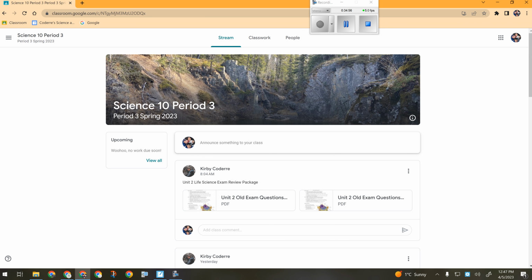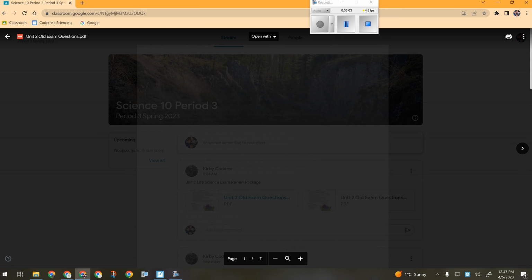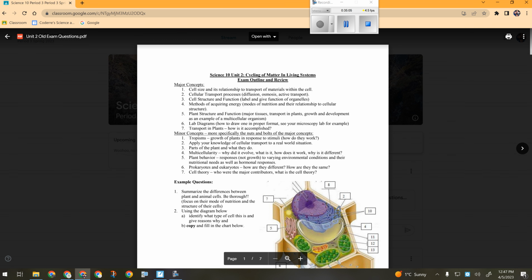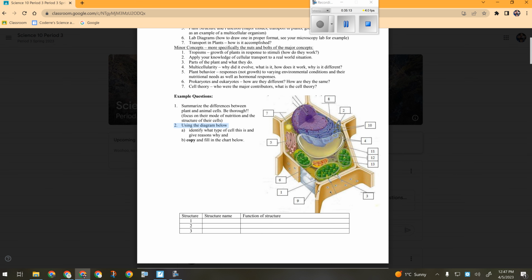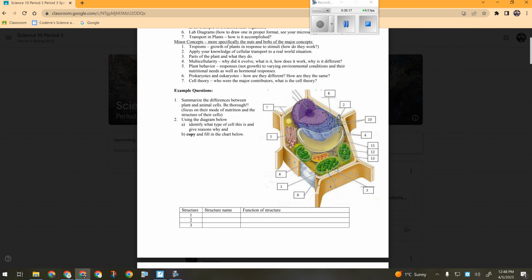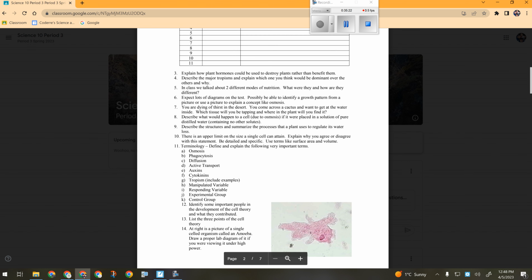It says old exam questions, and the other one is the key. If you open that up, it's not just old exam questions. There's also a summary, the major concepts, the minor concepts, and some example questions. These are not old exam questions, these are just try-these. This is a good review activity for you to do, like explaining the hormones. Those are things to do to study.